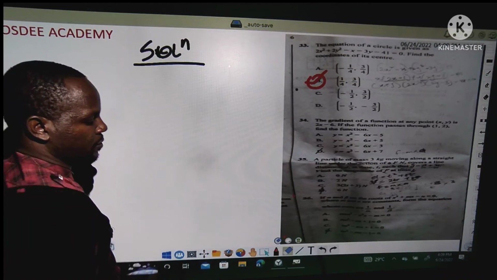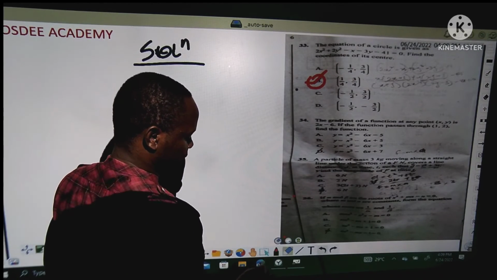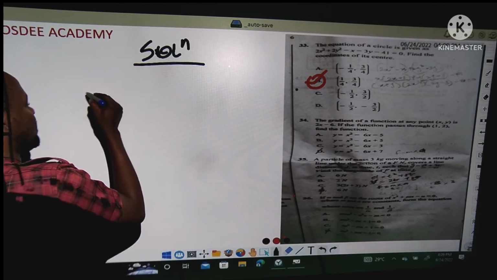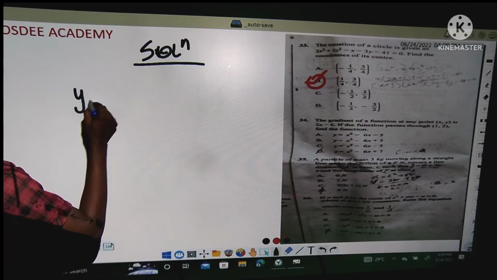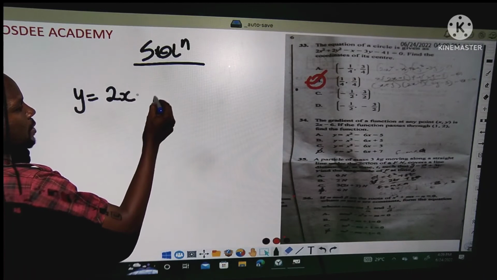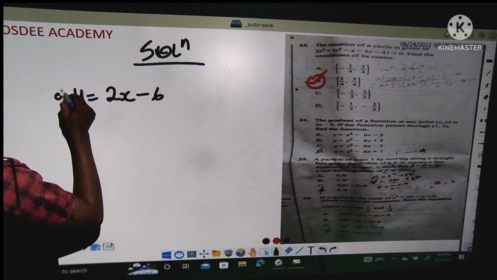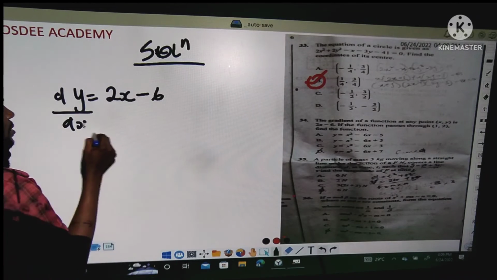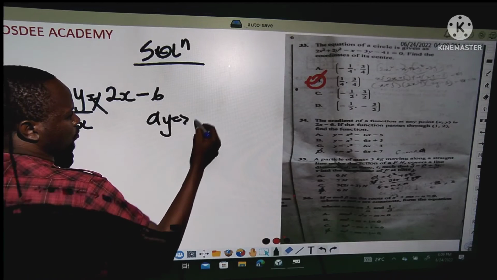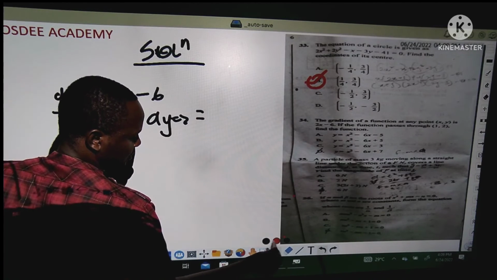Just convert differentiation back to integration. So dy by dx equals 2x minus 6. When you cross multiply, dy equals 2x minus 6 dx.